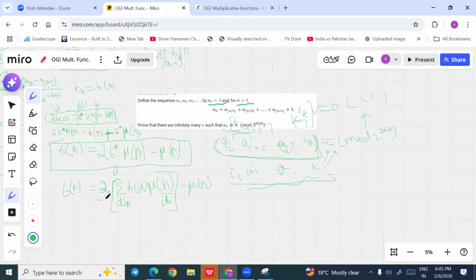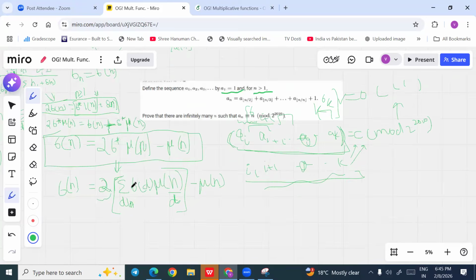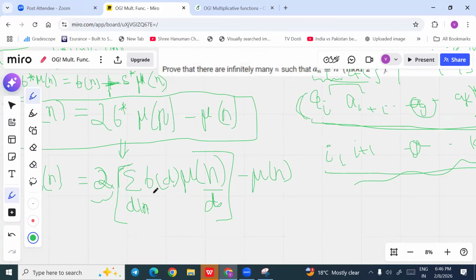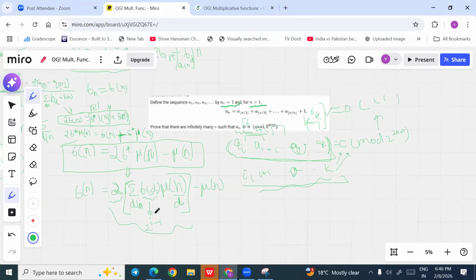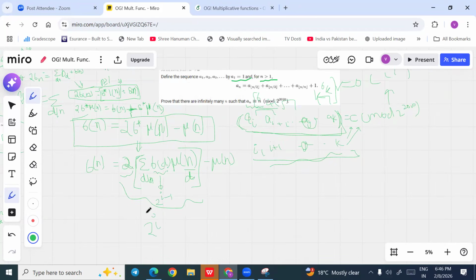So apparently this must be useful in some way. If all the b_d that you have here are divisible by 2 to the power, say, i minus 1, then you will have this divisible by 2 to the i. And this is indeed the main idea.